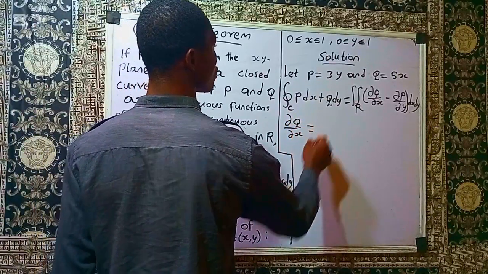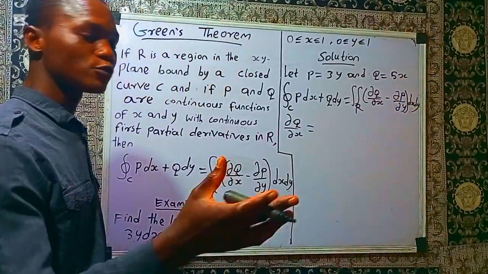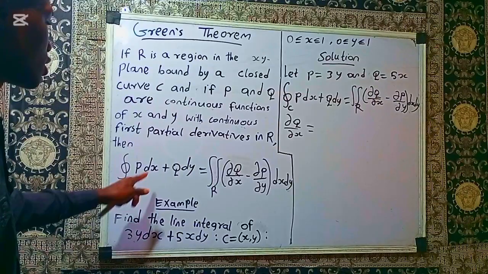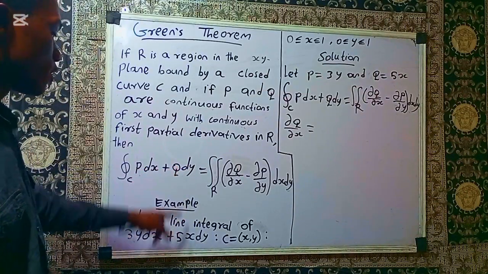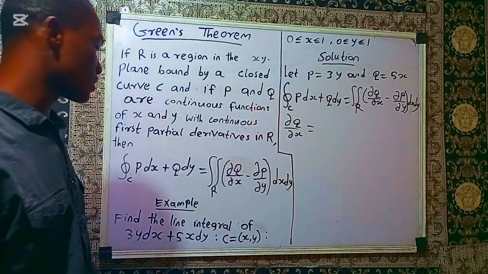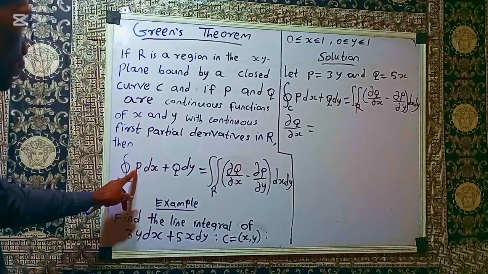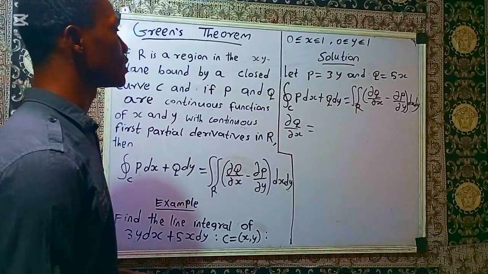Now, see our Q here. I have told you how to get your Q. From the theorem, the one that goes with dy is your Q. In this question, the one that goes with dy is 5x. That's why I call Q 5x. The one that goes with dx is your P, and here that is 3y. That's why I call P 3y.